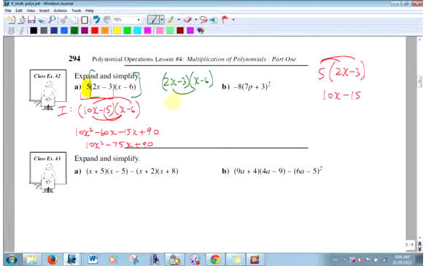Okay, so let's FOIL that. 2x squared minus 12x minus 3x plus 18. But everything here is multiplied by 5. Okay? You have to put the brackets there. It's not just 5 times the first thing, it's 5 times everything. That's 10x squared minus 60x minus 15x plus 18 fives is 90.